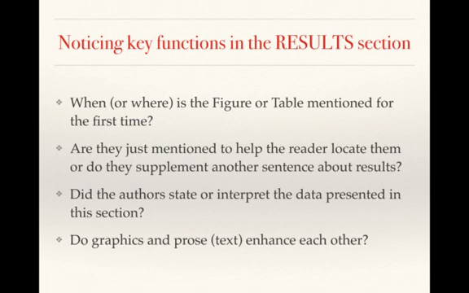Most authors determine the order of the graphics first: table 1, figure 2, table 2, etc., as well as the order of the data within each graphic, entry 1, entry 2, etc., and then they write the text, the prose, to complement the graphics.